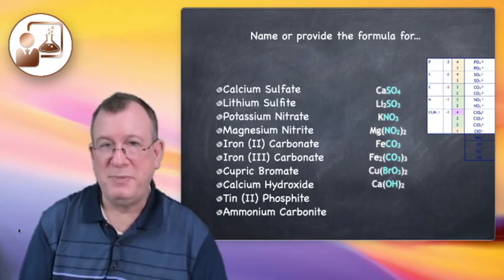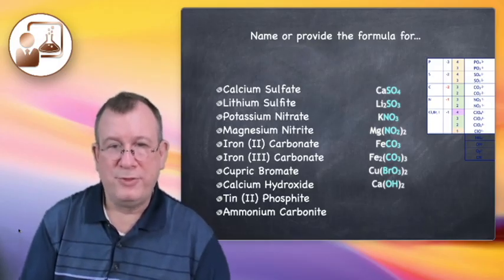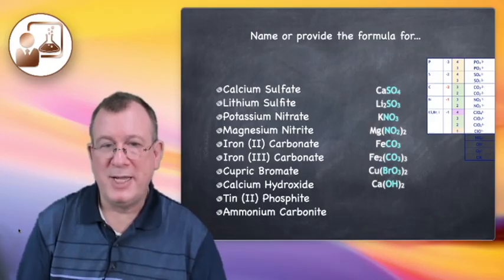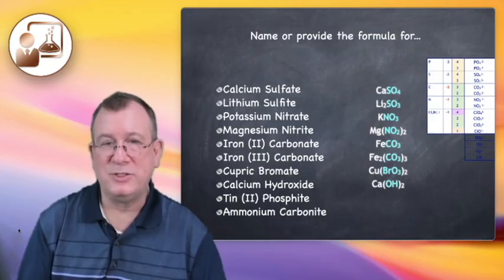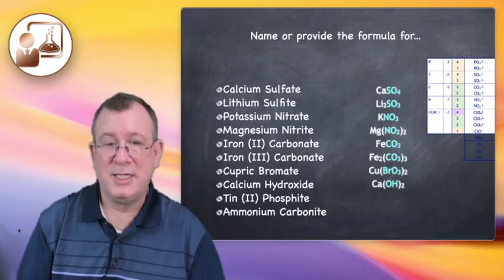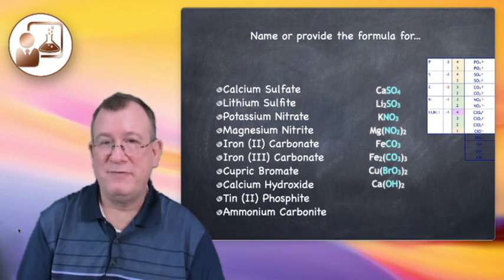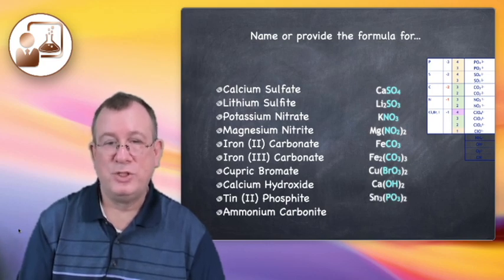So the phosphite is PO3 3-, and I want to team that up with Sn 2+. Again, the smallest whole multiple of 2+ and 3- is going to be 6. I'm going to need 3 of those Sn, and I'm going to need how many of the phosphite? 2, in parentheses.